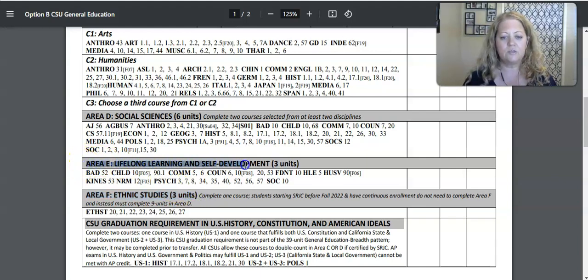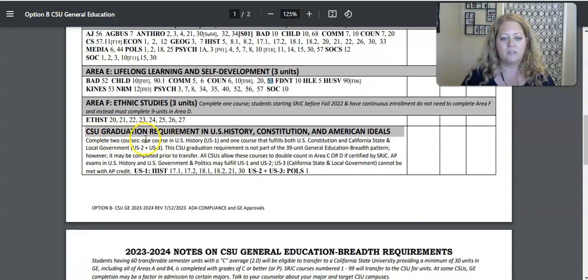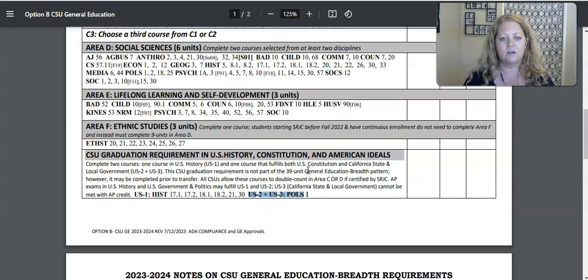Area E is also a 3-unit requirement, so it's 1 class in lifelong learning and self-development. In this section, you can find some counseling classes, including Counseling 53, which is another class that I teach. This is a CSU graduation requirement, so it's to get out of the CSU, not to get in. And it is a U.S. history and a government. And these classes are up above.